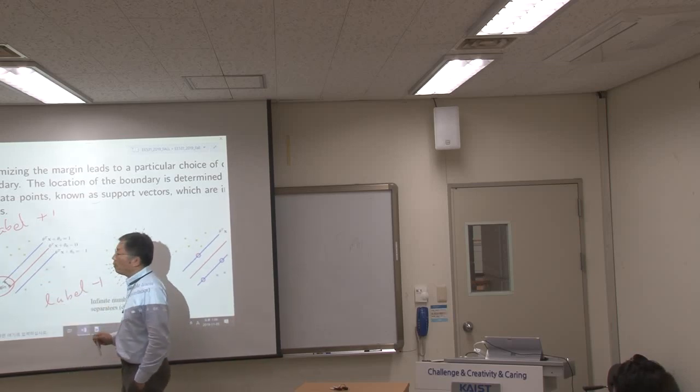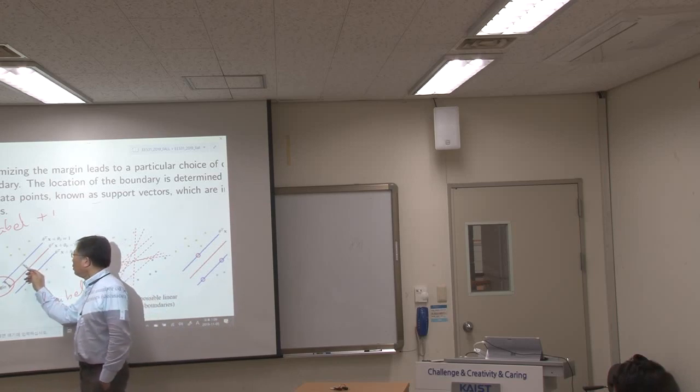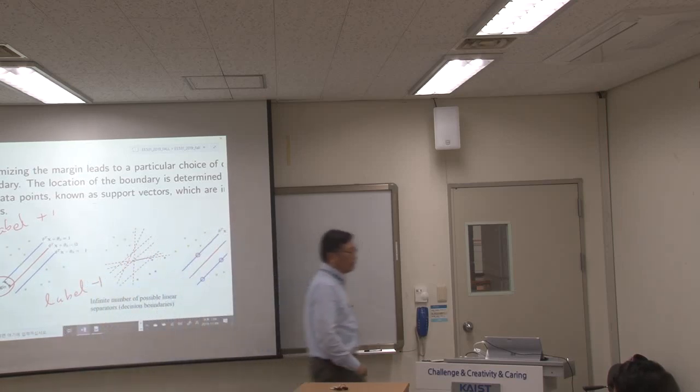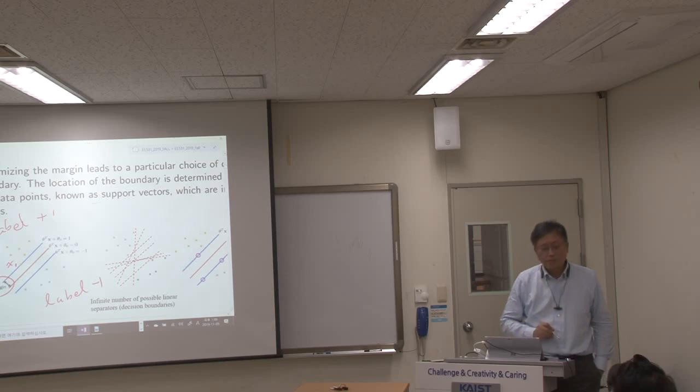Now, I asked you before, in last week's lecture, what will be the distance of this yellow point if I denote this as x1. Okay, x1. So this x1 will be two-dimensional.